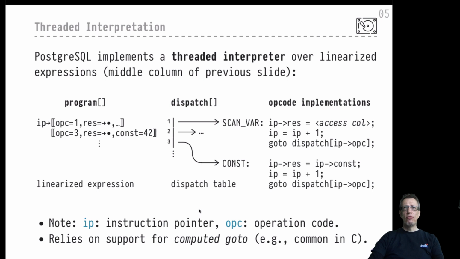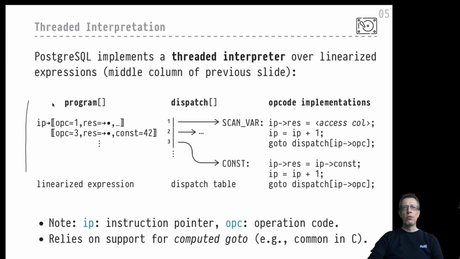So let's have a brief look at how an interpreter might look that interprets a program like the one that you've just seen in the middle column of the previous slide. The middle column of the previous slide showed us a linearized program, and you will find this program shown again here with a bit more detail on the left in the program array. We would really have an array of instructions which would make up the program.